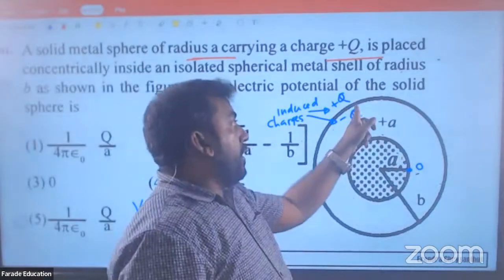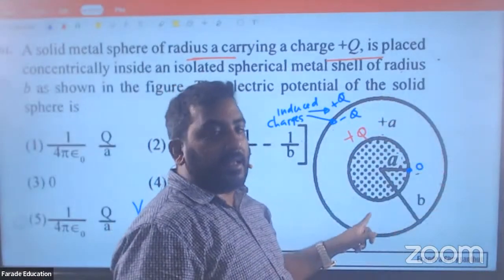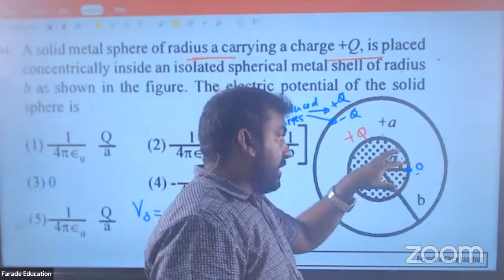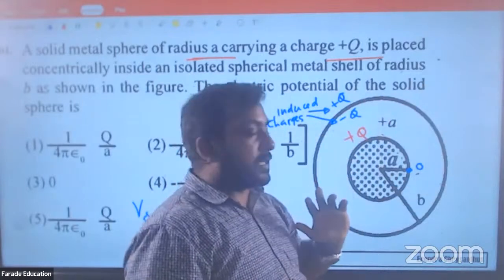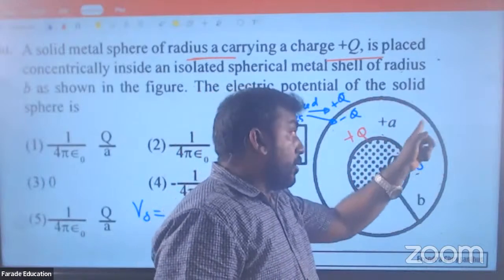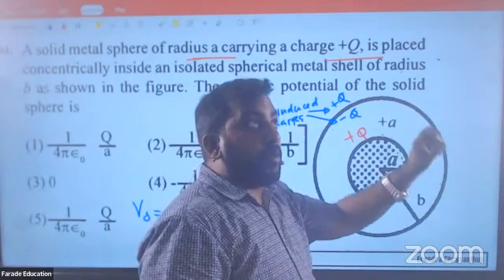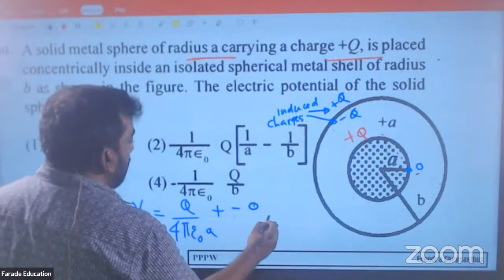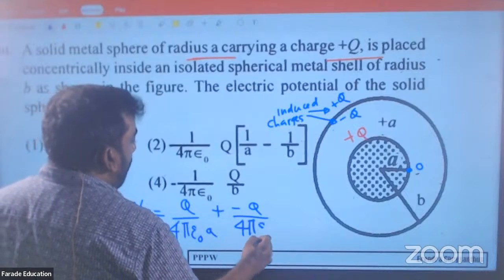Where is point O if you consider the inner shell? Point O is inside, so potential inside and on the surface are the same. So take all the charges, keep it at the center, find the potential at the surface. Potential inside and on the surface are the same. So minus Q divided by 4 pi epsilon naught B.